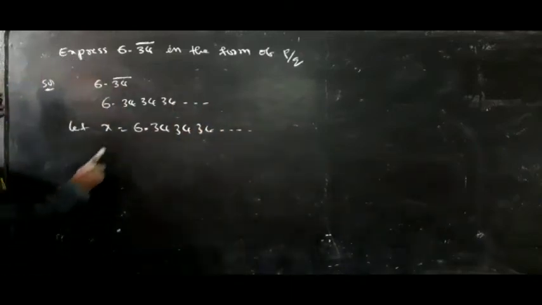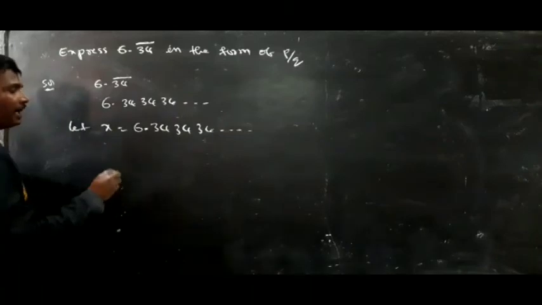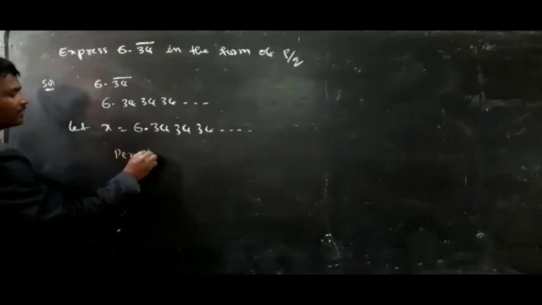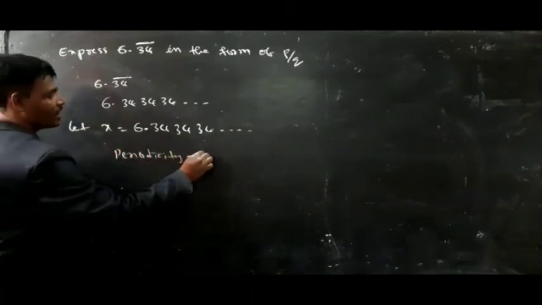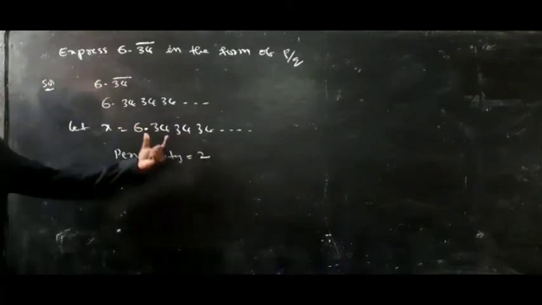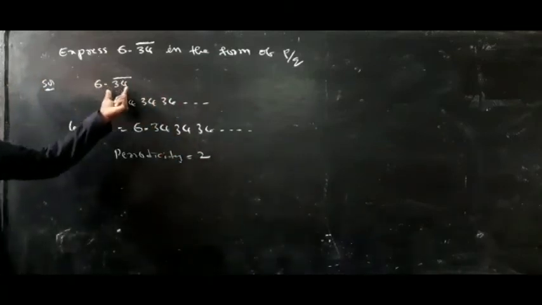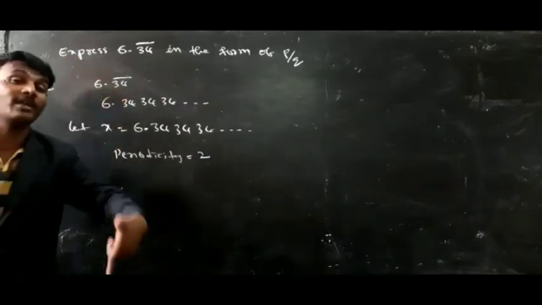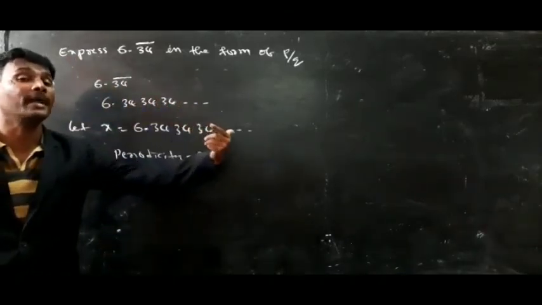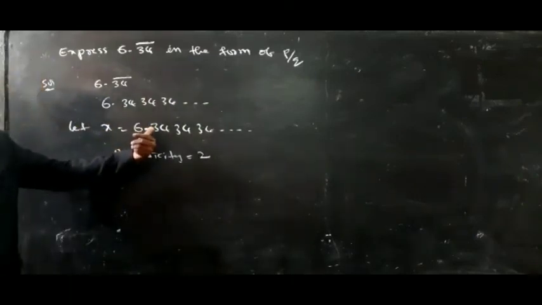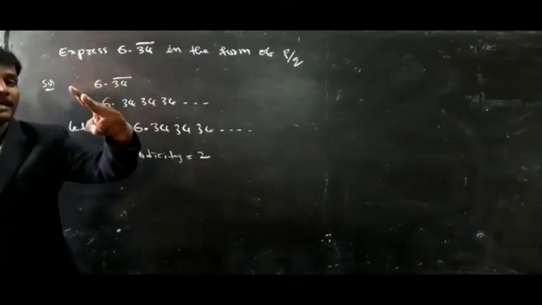So the period of this is 34 and periodicity is equal to 2. Why? Because under the bar two numbers are repeating. The number repeating is called period. The count of numbers repeating is called periodicity. Here how many numbers are repeating? 3 and 4. Two numbers are repeating.